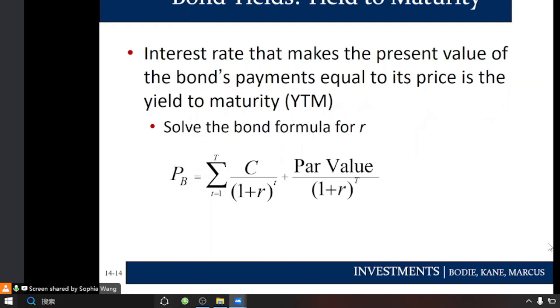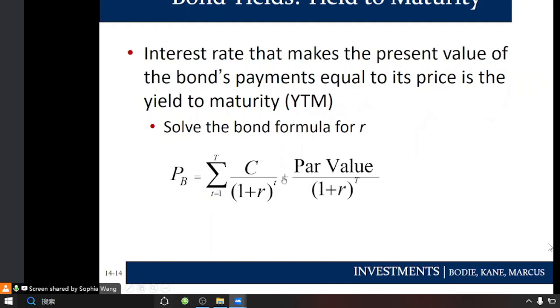But it's a little complicated to use a different interest rate every year. So we need to use yield to maturity instead of a different r in every year. Yield to maturity is something like the average value. In this case, we use it instead of the interest rate every year.